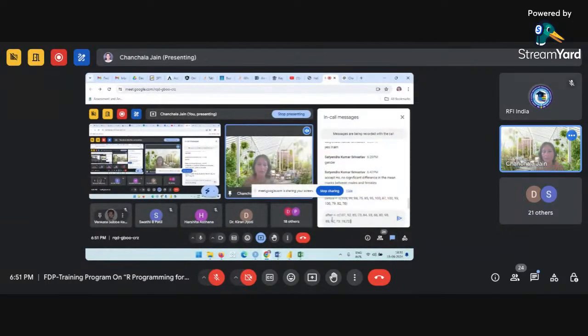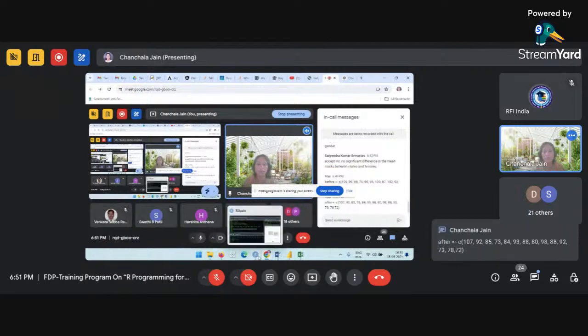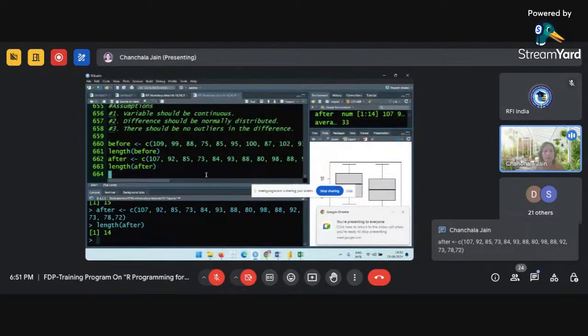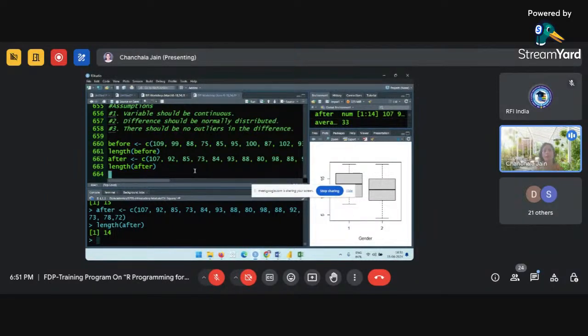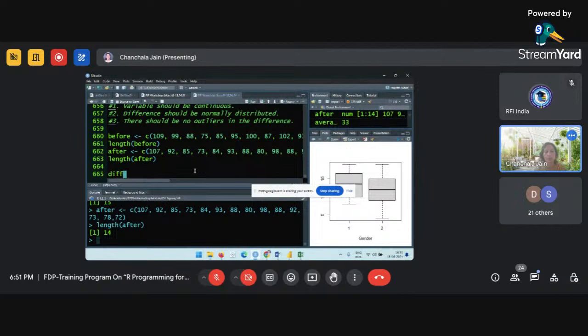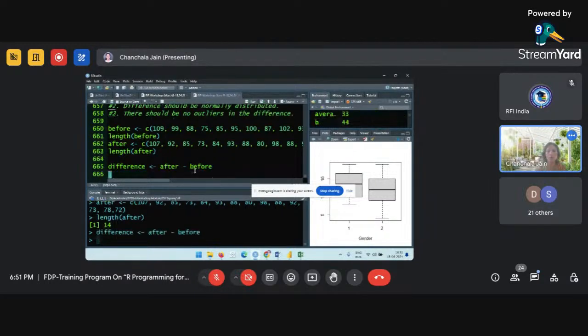So I have kept both the vectors in the chat. You can see the values from there, and if you want, you can copy paste from there. So this way I created two vectors, before and after. Now I want to calculate the difference first. So difference will be after minus before, right? So this is stored here.